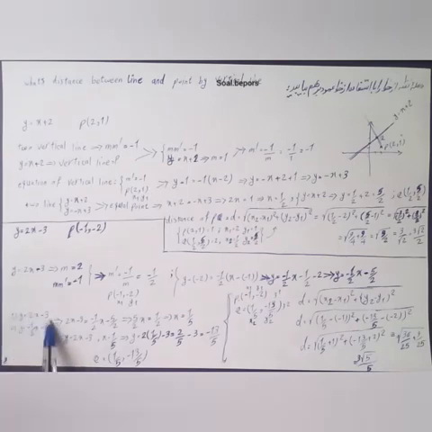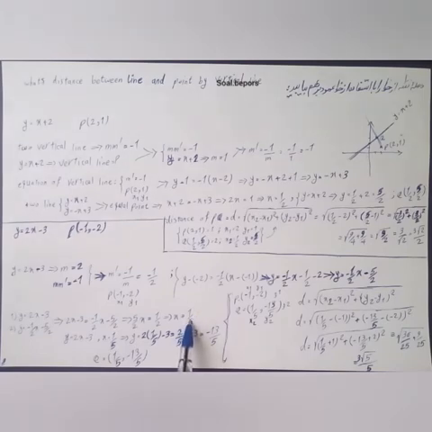The crossing point from these two lines is found by making the y of the two lines equal, and by equating the y of the two lines we get x of the crossing point.